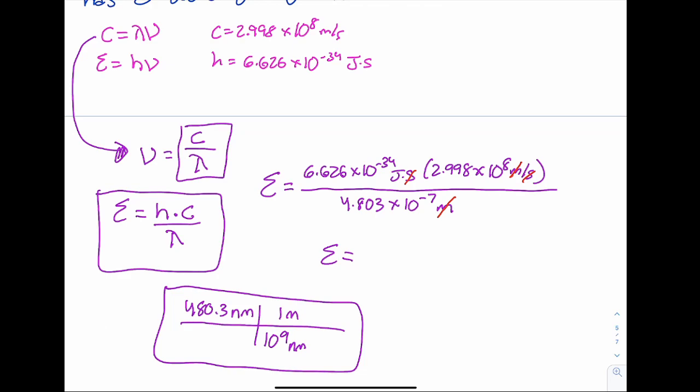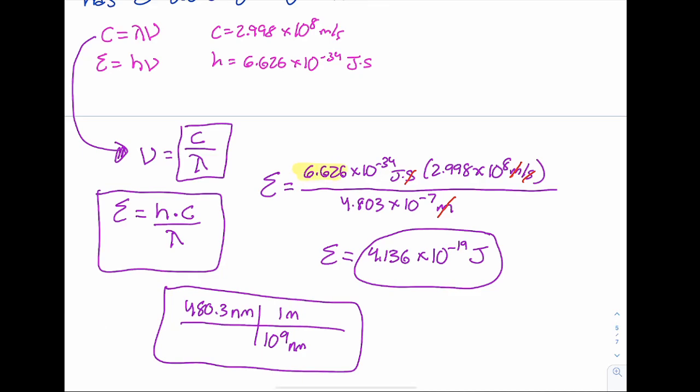And I ended up with 4.136 times 10 to the negative 19th joules, which is a pretty small amount of energy, but is typical for something in the visible range. This is actually in the visible range. Significant digits, this is 4, this is 4, and this is 4, so I do have 4 in my answer.